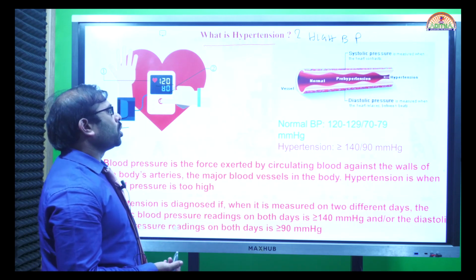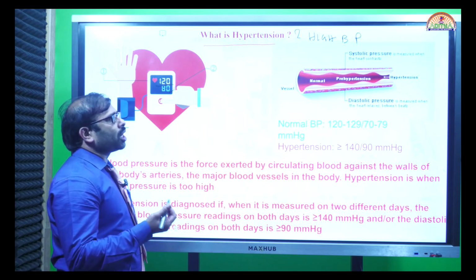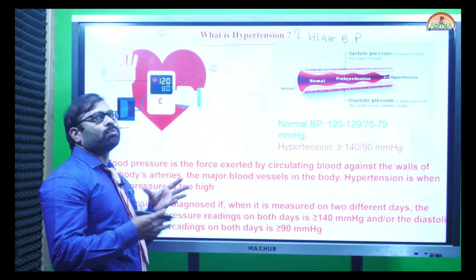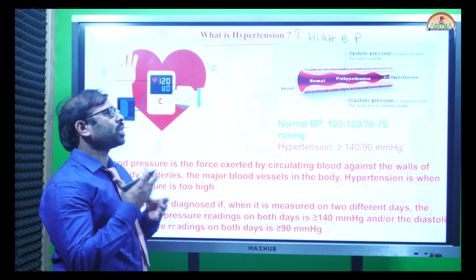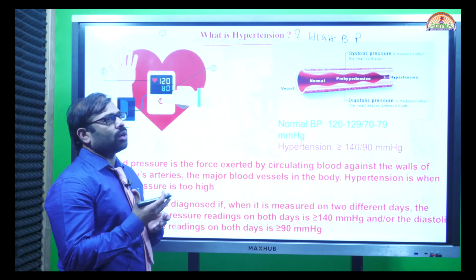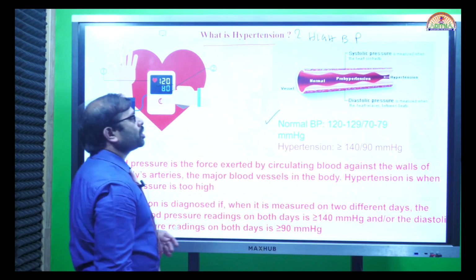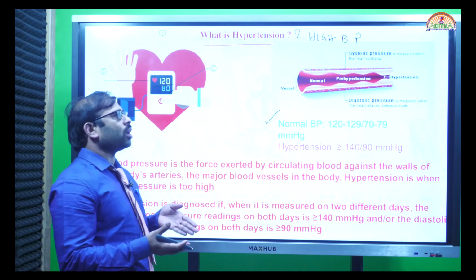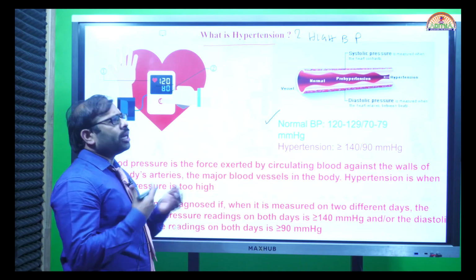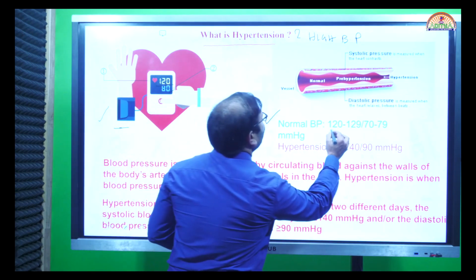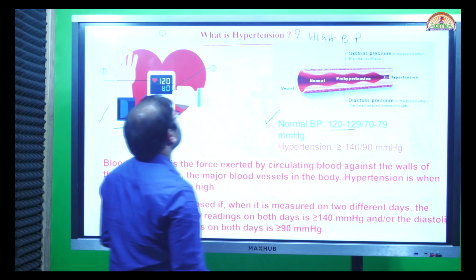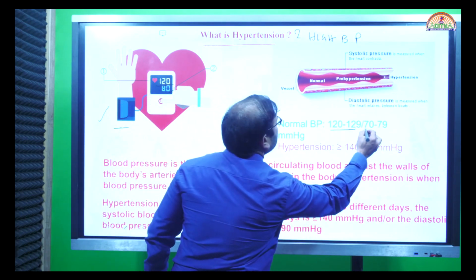Hypertension or high BP: there is a certain blood pressure level that is the standard value, called the normal BP. If you have 120/80, that is the normal BP, where the systolic values vary from 120 to 129 and the diastolic values vary from 70 to 79.